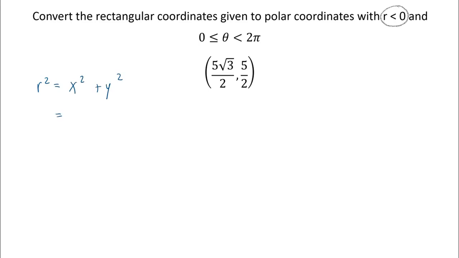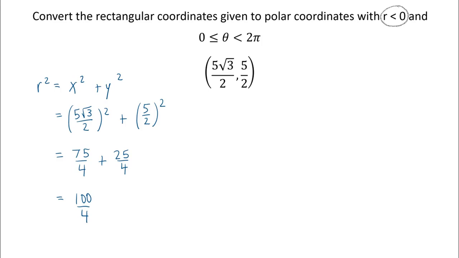That means r squared is equal to (5 times the square root of 3 over 2) squared plus (5/2) squared. (5 square root of 3 over 2) squared is 25 times 3, which is 75 over 2 squared, which is 4, plus (5/2) squared, which is 25 over 4, which is equal to 100 over 4. 100 divided by 4 is 25. So r squared is equal to 25.